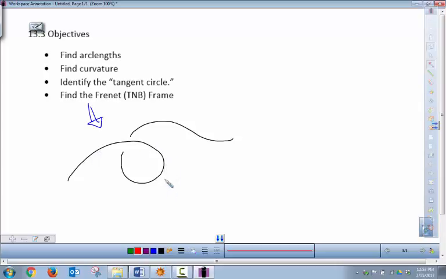But the idea is that if you pick any point on this space curve, I think the analogy that I gave last time is that you can pretend that you're on a roller coaster, and as you're in a roller coaster, you're twisting and turning, you're going upside down and all that stuff, so you have some sort of orientation.